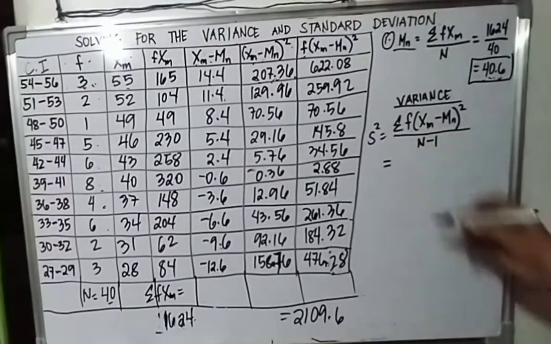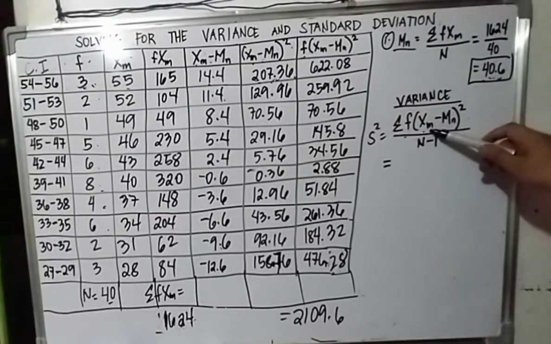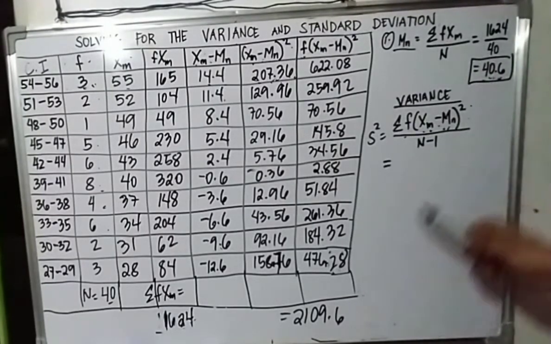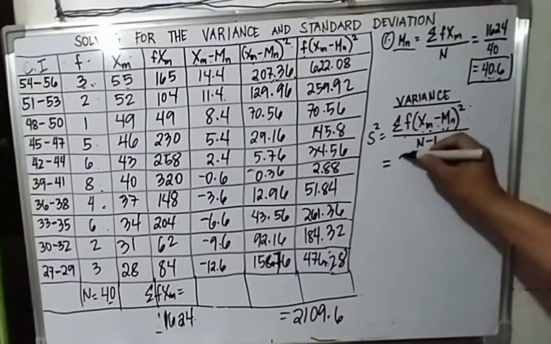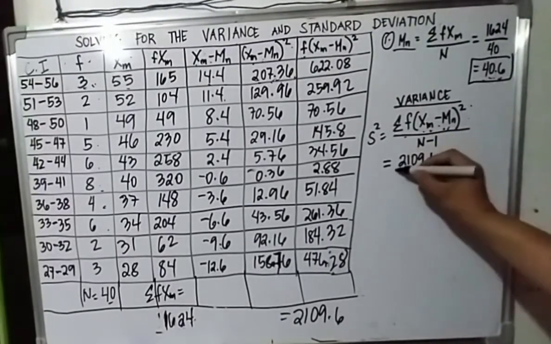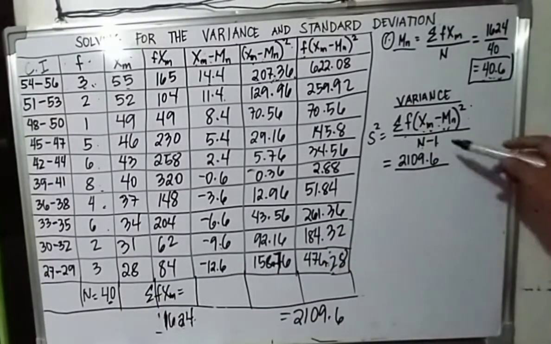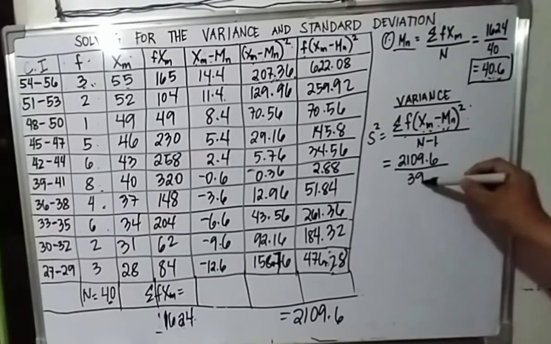So substitute lang natin ang total sum of f times x sub m minus mean raised to 2, that is 2,109.6 over, ang n is 40 minus 1, so that is 39.